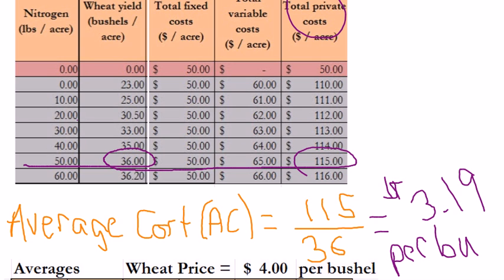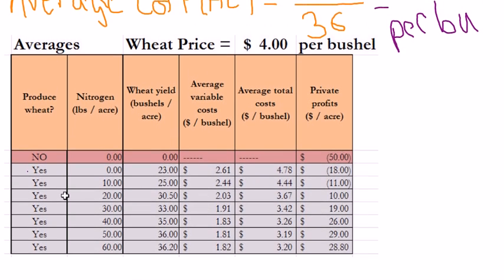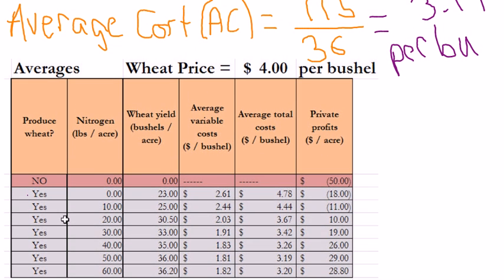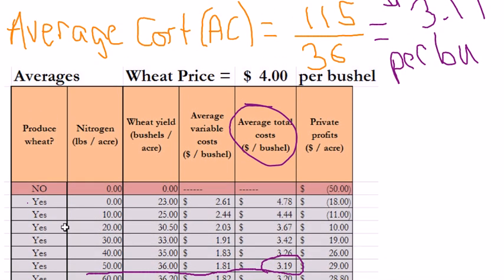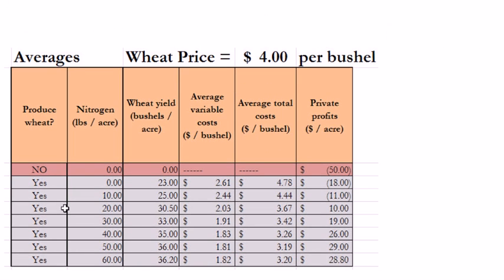So when we're harvesting 36 bushels per acre, the cost on average of producing each bushel is $3.19. And when we do that for all different levels of production, you can see down here, if we produce 36 bushels per acre, the average total cost in this column right here, $3.19, just like we calculated. And if you make these calculations for each different possible level of production, you get different average costs.